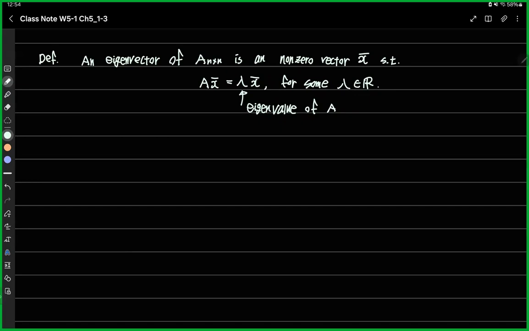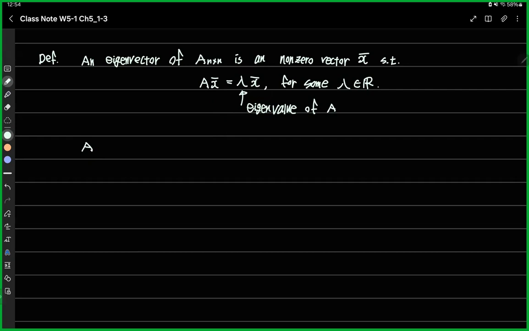So now you see that A x bar is equal to lambda x bar. Then how can you find the eigenvalue and eigenvector? We need to solve the equation for x bar; we assume that lambda is given.